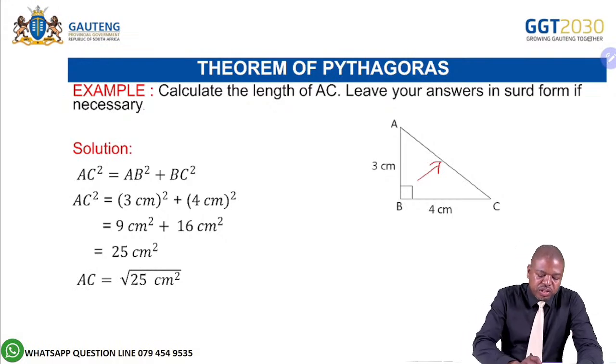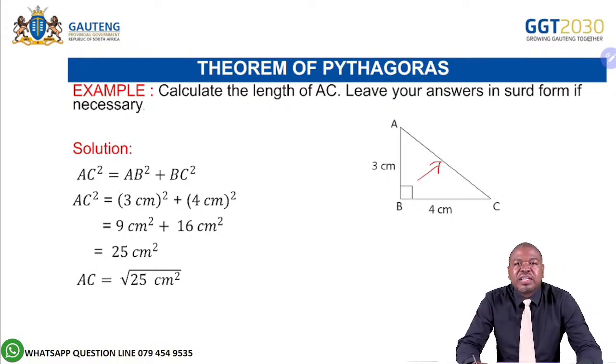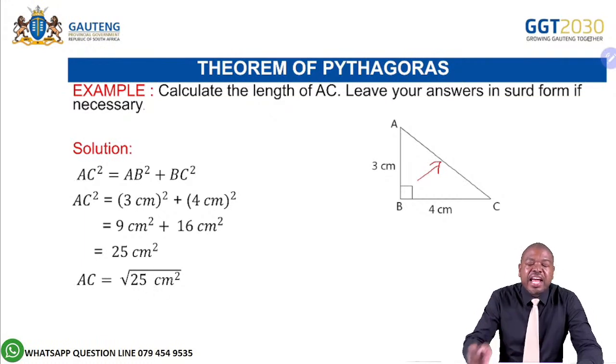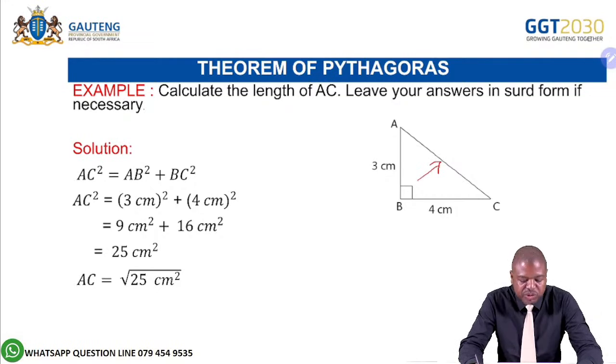Right. So the square root of 25 is what? Remember, we did that in our baseline. It is 5 because 5 times 5 gives us 25, sorry. And the square root of centimeter squared is what? In centimeters. Therefore, our AC is equal to 5 centimeters.